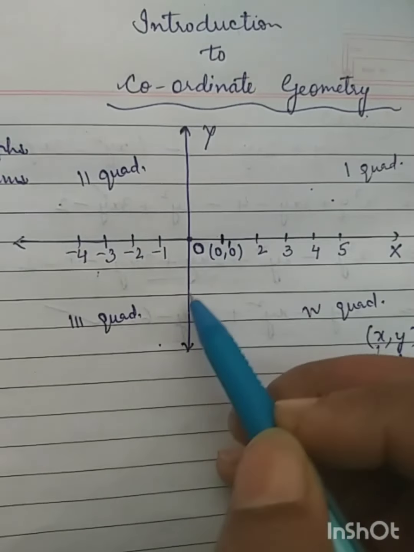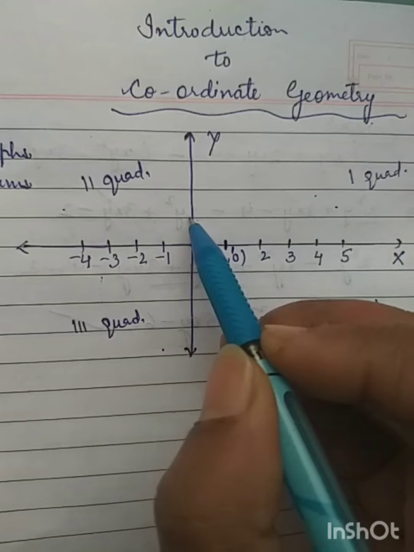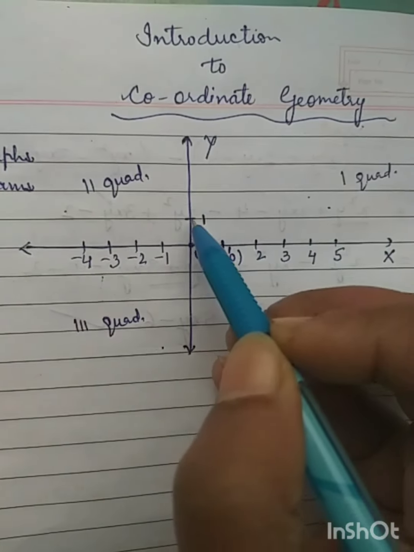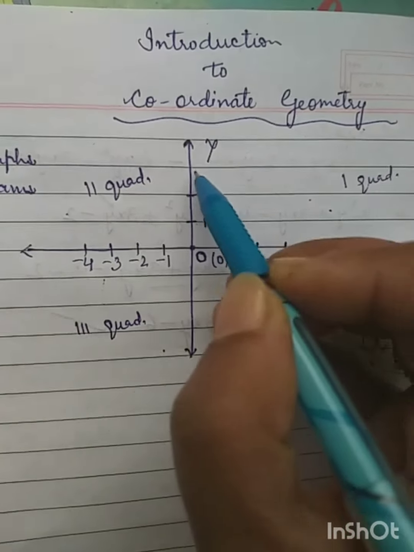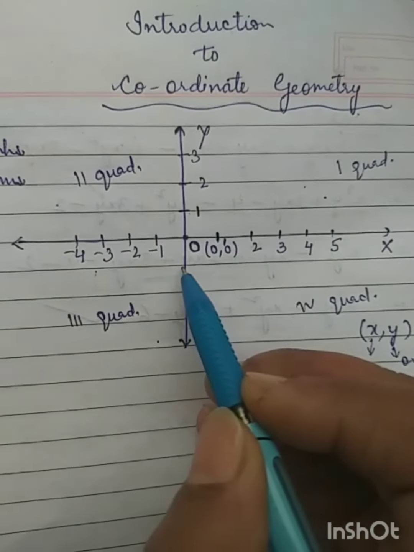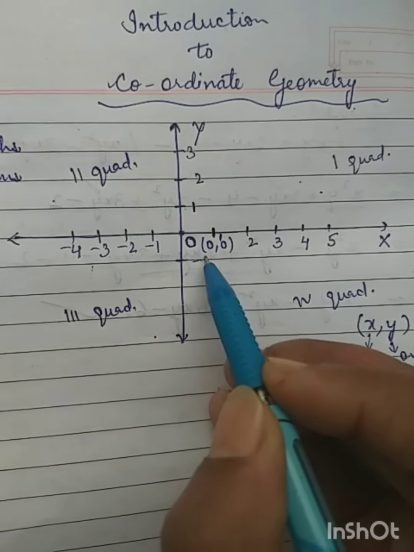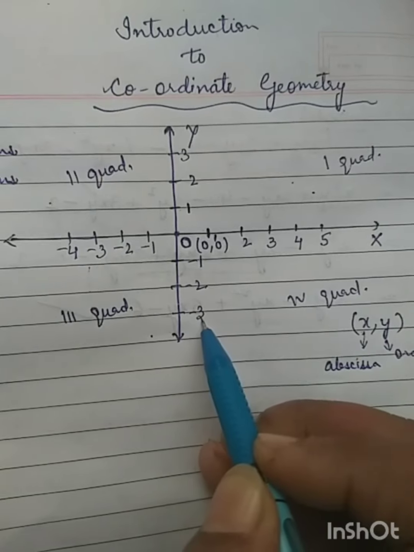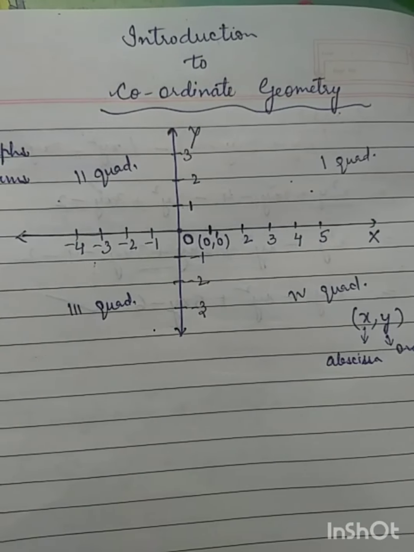And now, what about the y-axis? On the upper side, we have positive values: 1, 2, 3 and so on. And in the lower part, we have the negative values like -1, -2, -3 and so on.